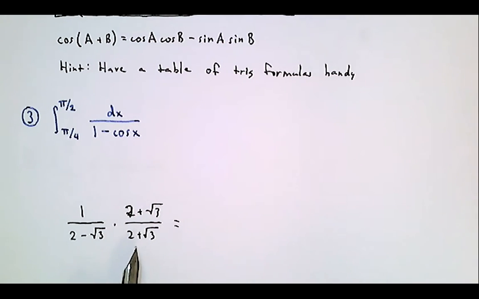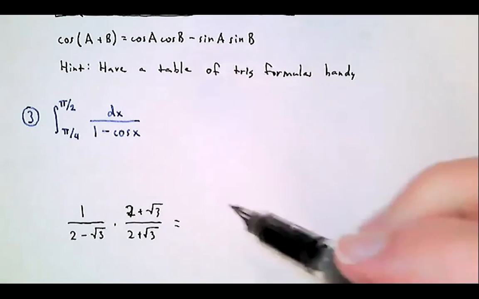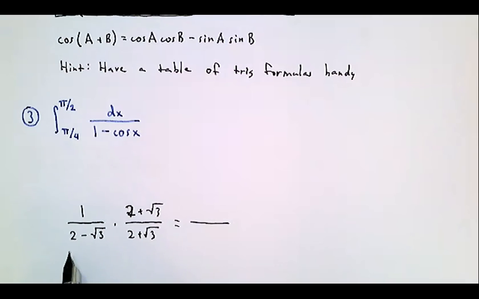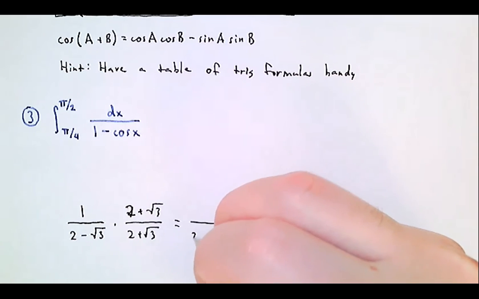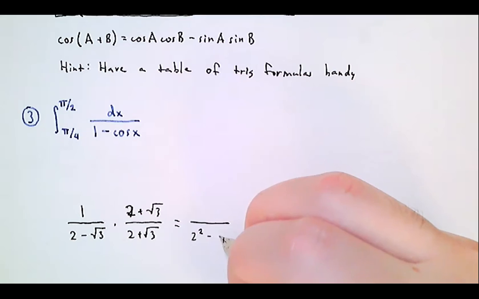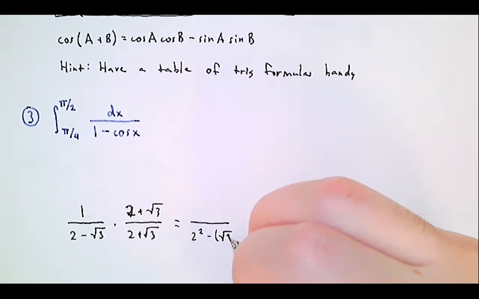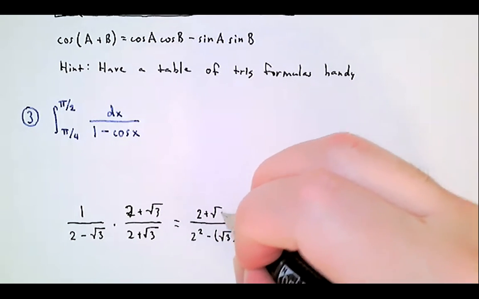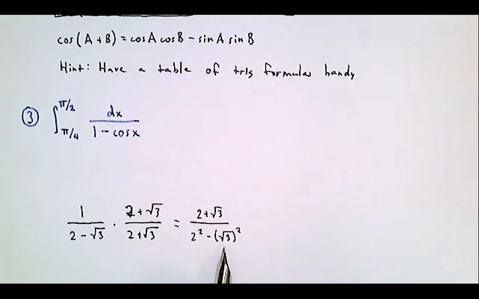So the reason why you multiply by the conjugate is that you end up with just the first term squared minus the second term squared. So this is a technique to get rid of the square root because you pick up the squares.